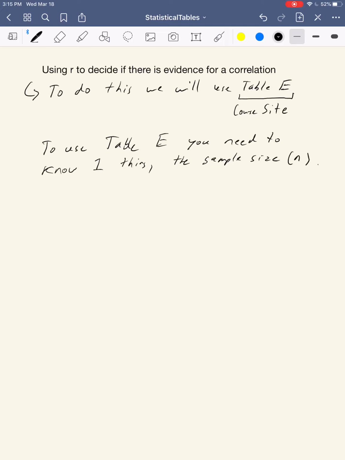Once you know that sample size of n, you read table E by following your n value across. You'll go to the column 0.025, read that down, and you'll find where those intersect. And they intersect at a value that we call the critical value.